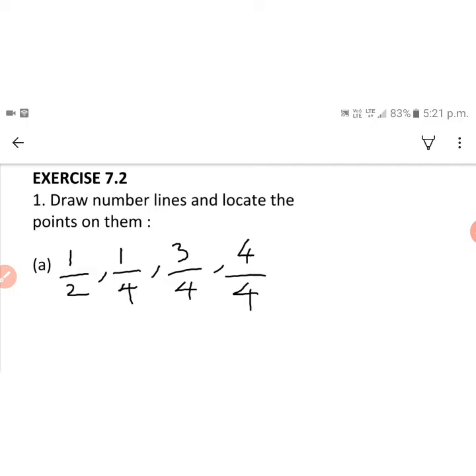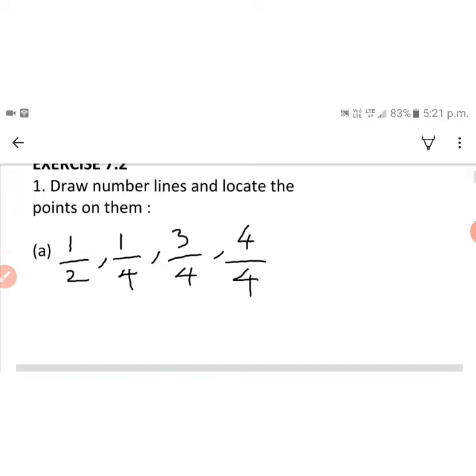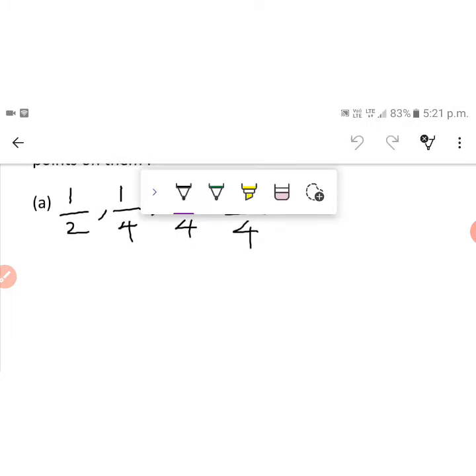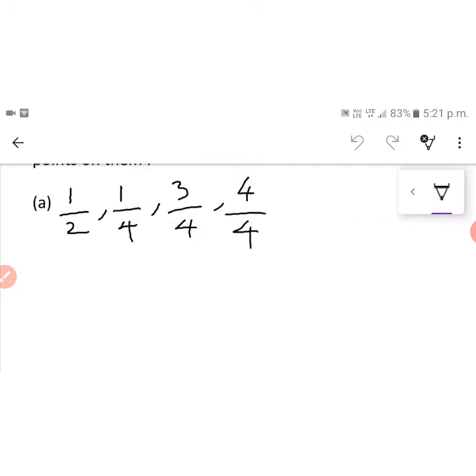Question number 1. Draw number lines and locate the points on them. A part: 1 by 2, 1 by 4, 3 by 4, 4 by 4. Let's draw a number line from 0 to 1.